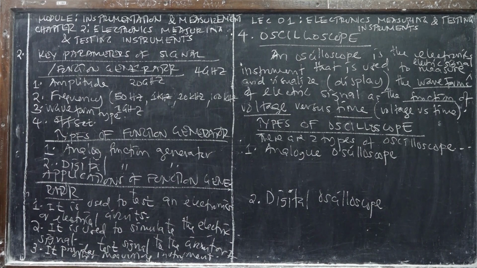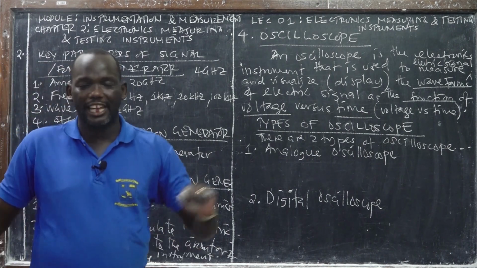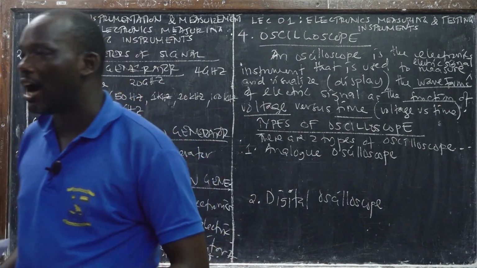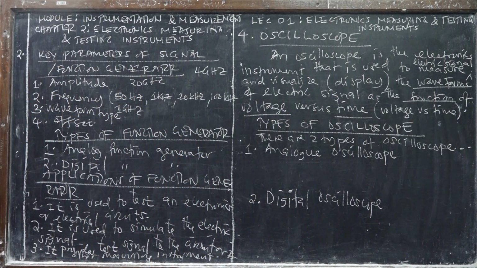Okay, so the difference between analog oscilloscope and digital oscilloscope is not about scale, needle, and LCD. The difference is just the type of the display.